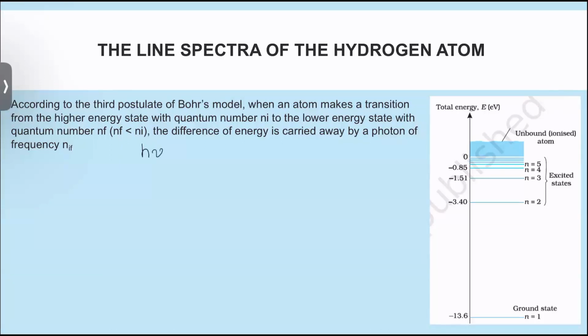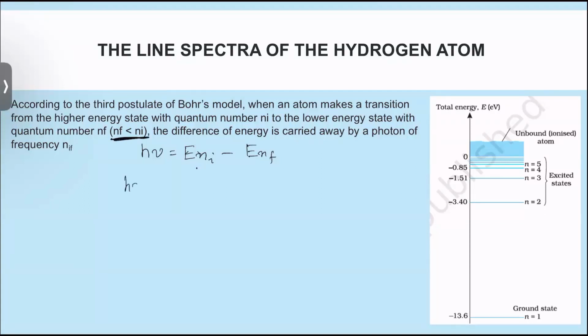The photon's energy can be given as E_ni minus E_nf. Initial is the higher state, and NF is lower than NI, so NI is going to be the highest state.